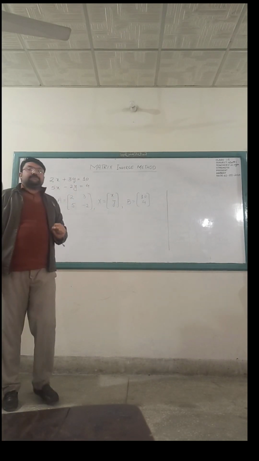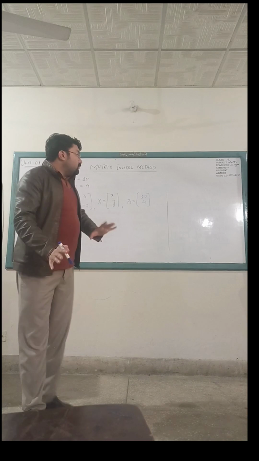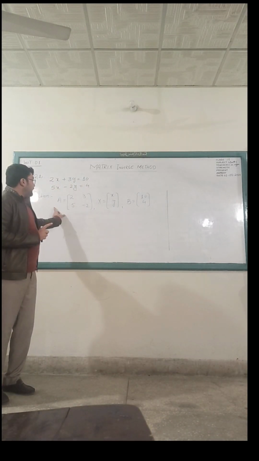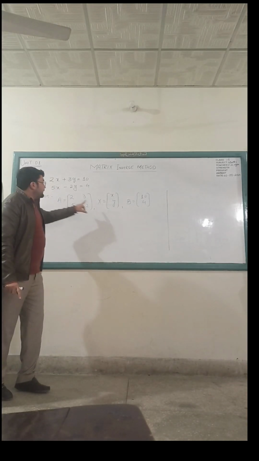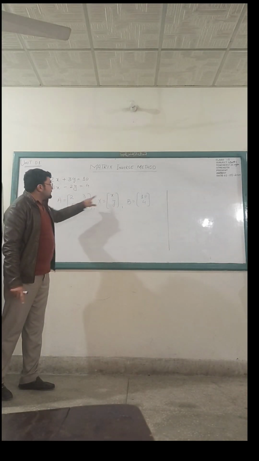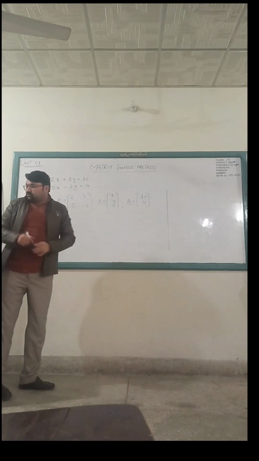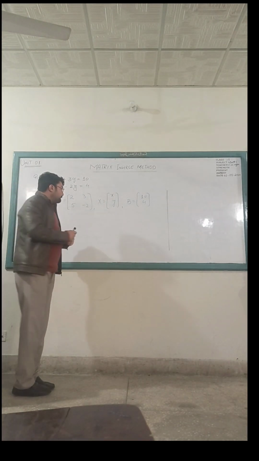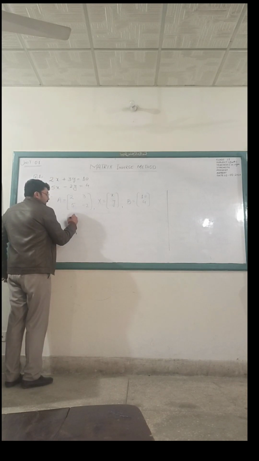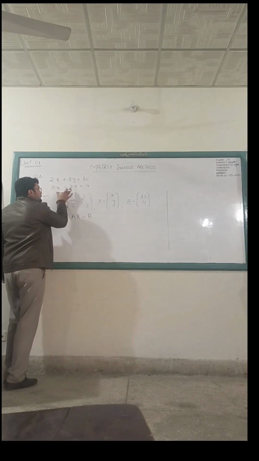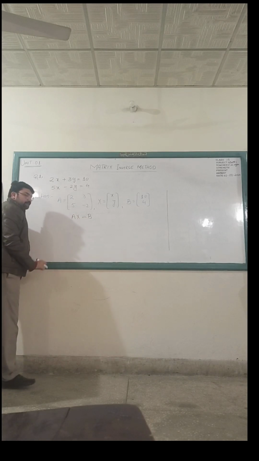For that purpose, we know that this is the product of two matrices, matrix A and matrix X. If we take their product, it will become 2x plus 3y, 5x minus 2y. So I can write down here AX is equal to B. This is B, this is the product of A and X. Okay.